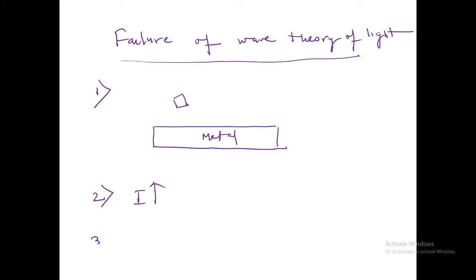And third, according to wave theory, if intensity is sufficient, then at each frequency electron emission is possible. It means there should not be existence of threshold frequency. So this is simply the failure of wave theory of light.